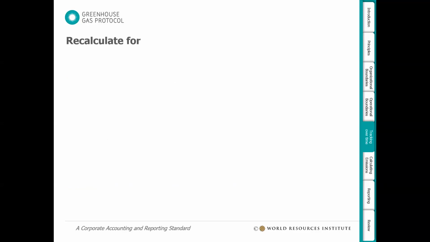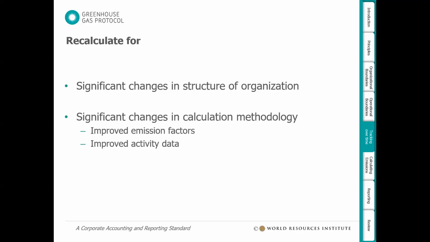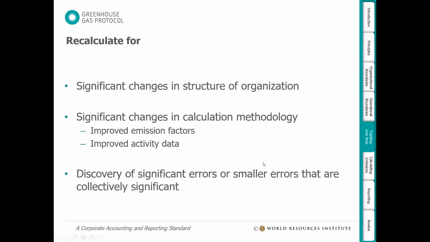Well, in the corporate standard, the main reasons base years have to be recalculated are when significant changes have occurred in the structure of an organization, significant changes occur in calculation methodology, such as the discovery of improved emission factors or improved activity data, and the discovery of significant errors in inventory processes, or the discovery of small errors that are collectively significant.